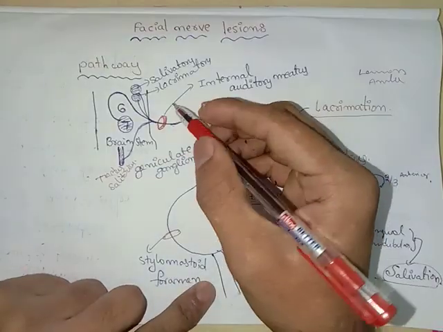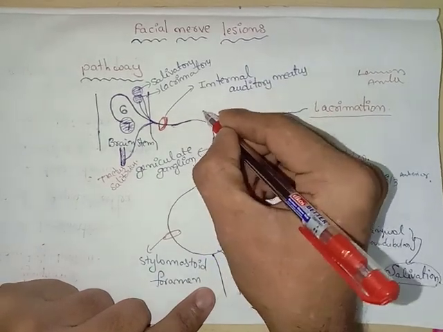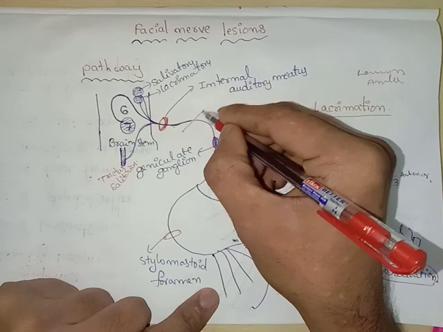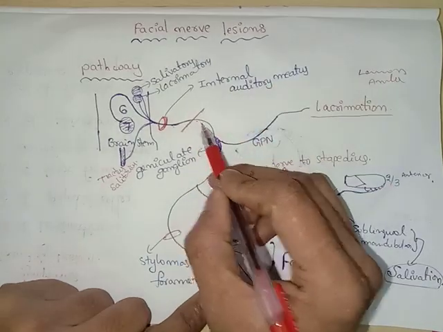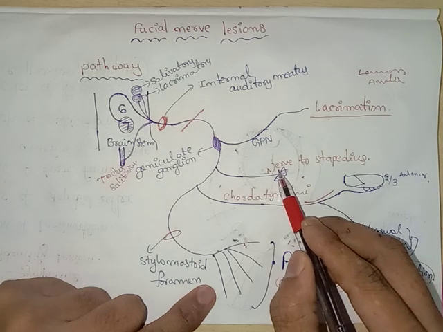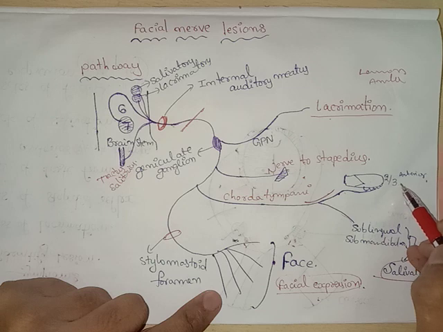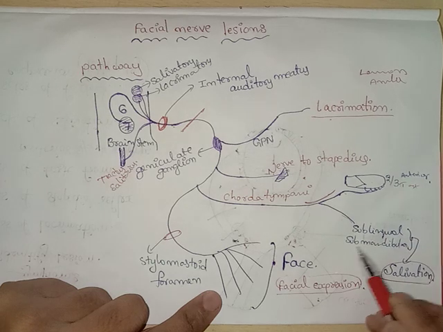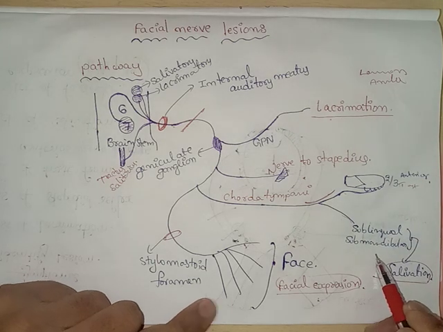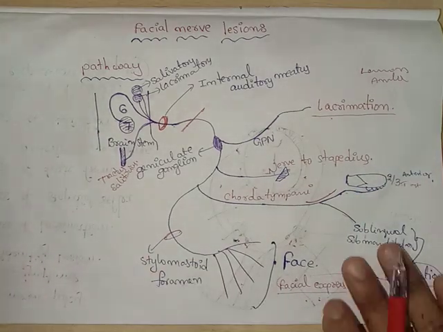If there is a lesion here, you lose all things: loss of lacrimation, loss of stapedial reflex, loss of taste, loss of salivation, and loss of facial expression. These five I wrote on that page.